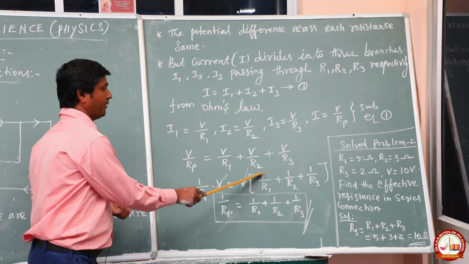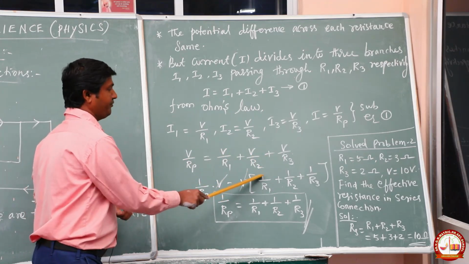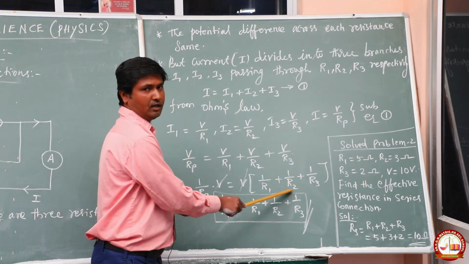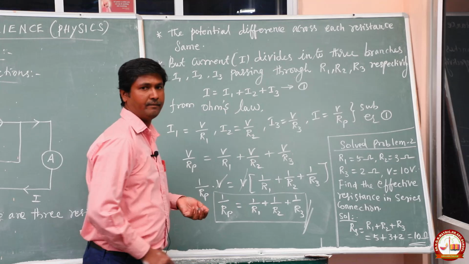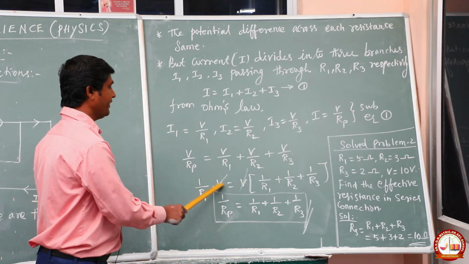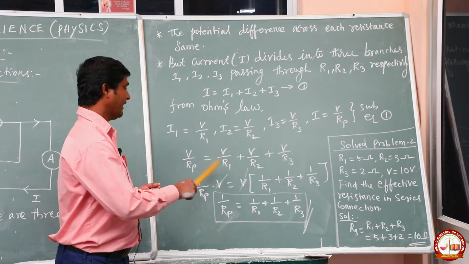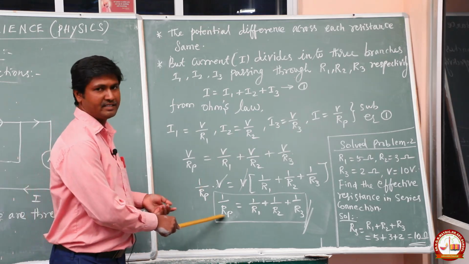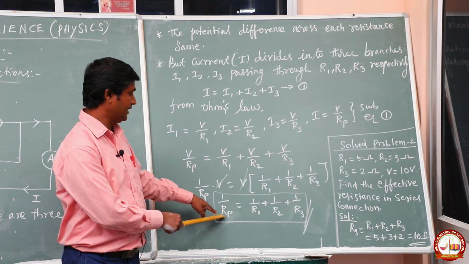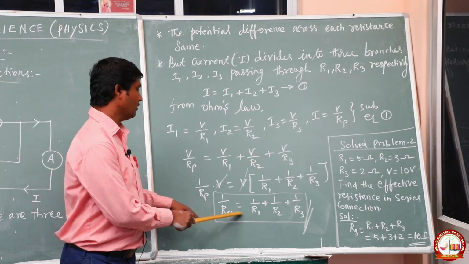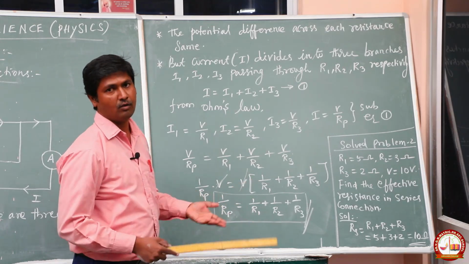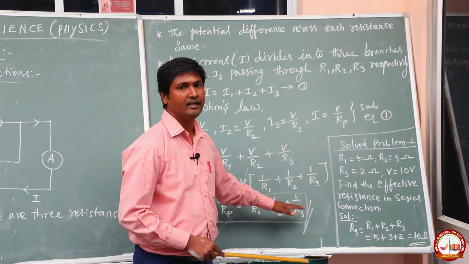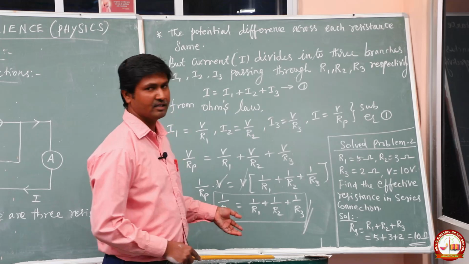So remaining 1 by R1 plus 1 by R2 plus 1 by R3, times V. Both sides V is common, so cancel V. Remaining 1 by RP, P for parallel connection, the resistance is equal to 1 by R1 plus 1 by R2 plus 1 by R3. This is called the resistor in parallel connection formula.